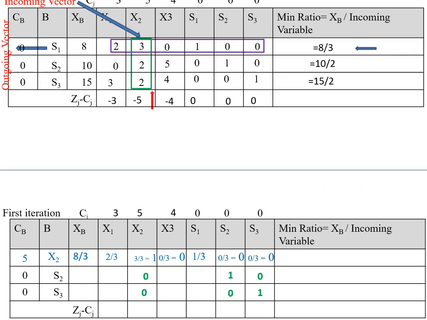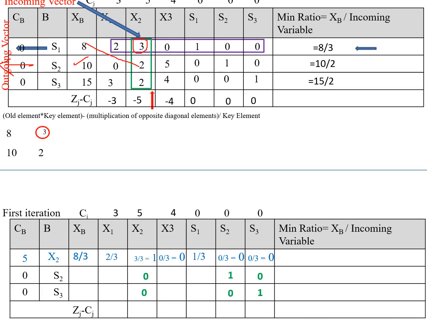Next we have to modify the remaining values by following this rule, that is the old element into key element minus multiplication of opposite diagonal elements, divided by the key element. First we have to see the S2 row XB value. So old element is here 10 and the key element is 3 and its diagonal elements are 8 and 2.